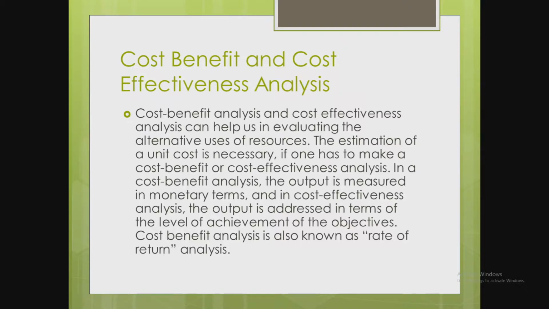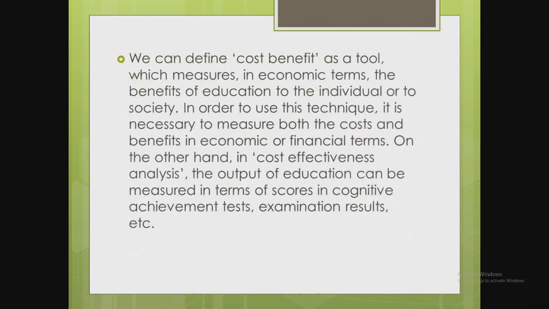Cost benefit analysis is also known as a rate of return analysis. We can define cost benefit as a tool which measures in economic terms the benefits of education to the individual or to the society. In order to use this technique, it is necessary to measure both cost and benefit in economic and or financial terms.